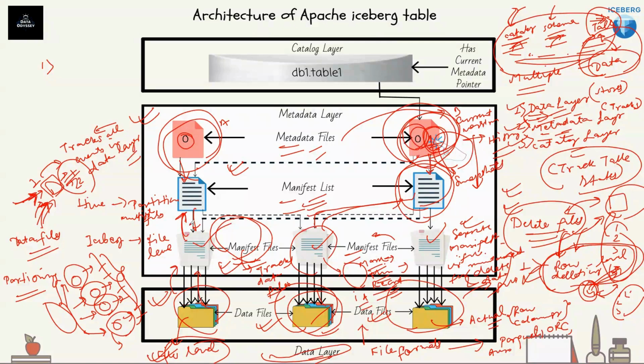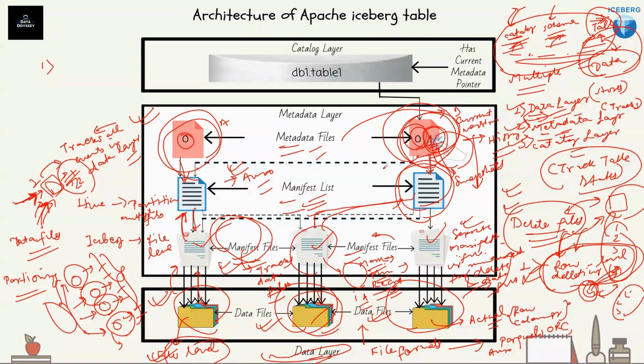Okay. That is the first thing. Second thing, this manifest list is actually in Avro format. Now, what a manifest list does is it tracks the manifest files first of all, and it's essentially a snapshot of the table at a given point in time. Okay, it's basically the current snapshot of the table at a given point in time.